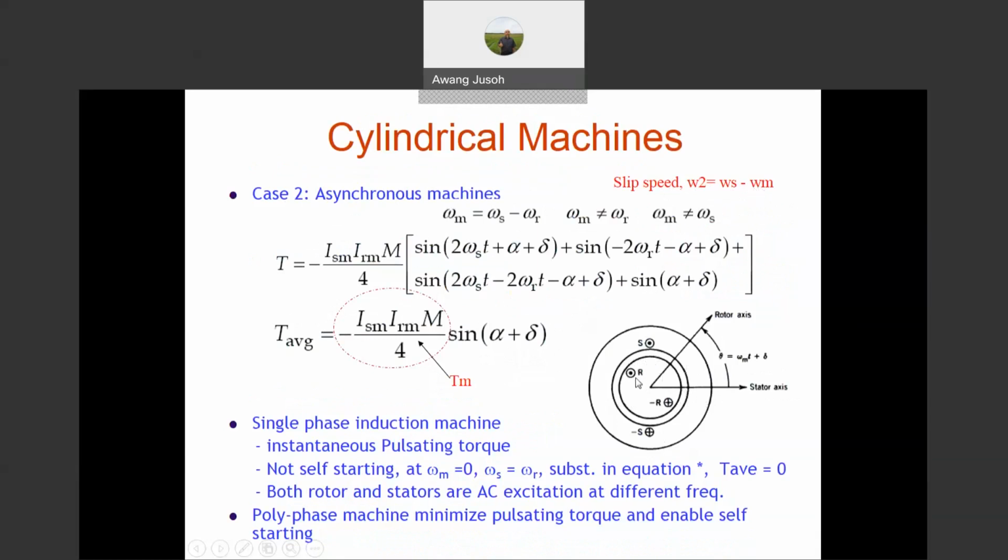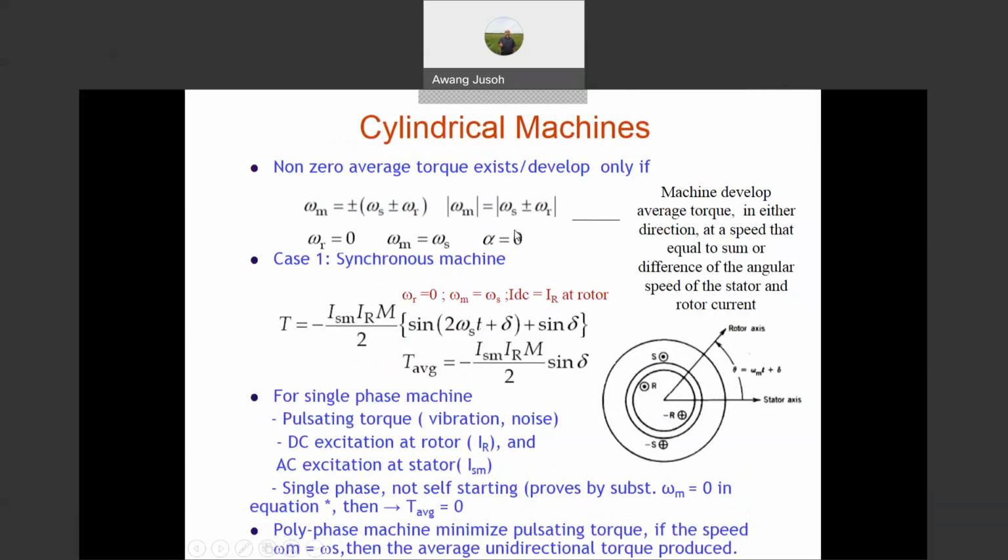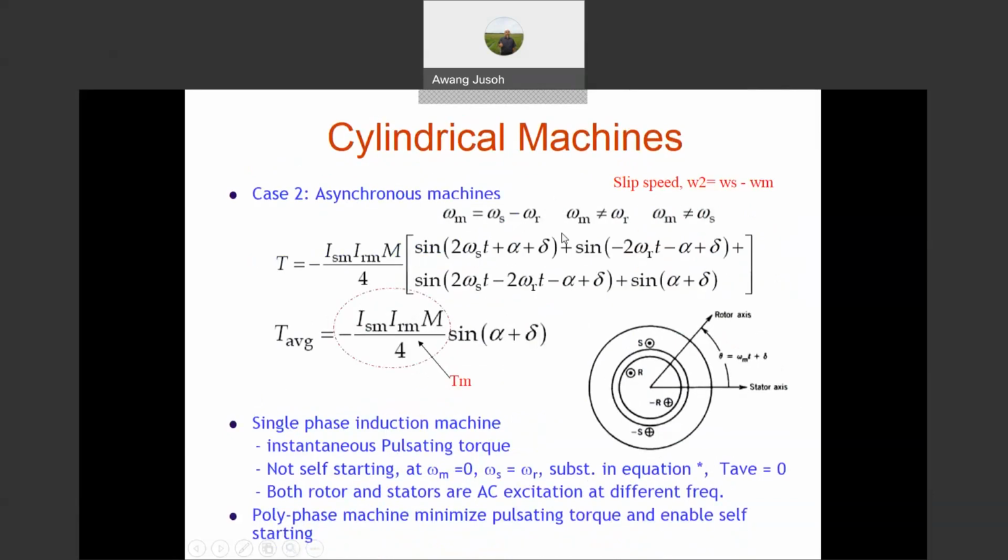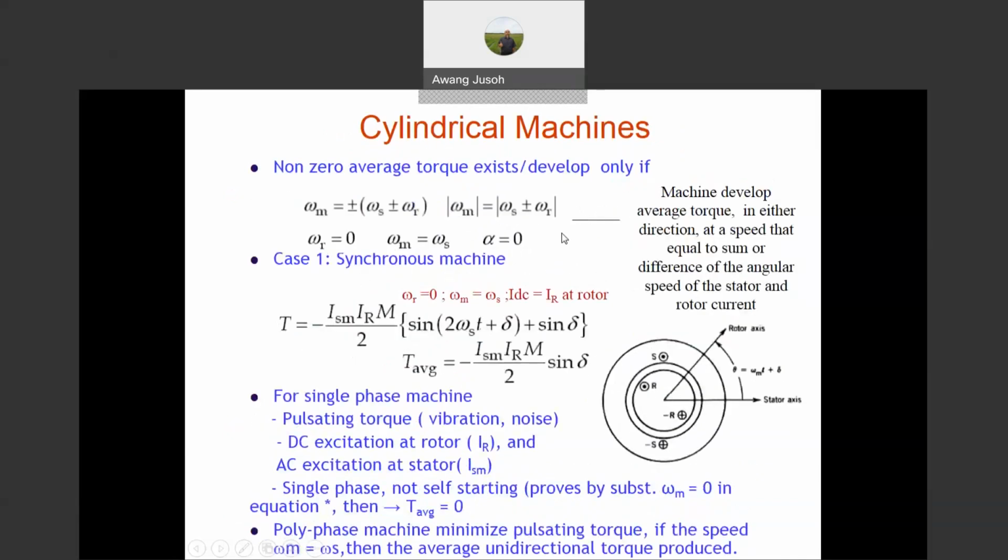And we know that in the asynchronous machine, the rotor current is not DC current, it's AC current. That means it has frequency, so we have omega r in the rotor part. Based on that, going back to the earlier formula, omega m equals omega s minus omega r.